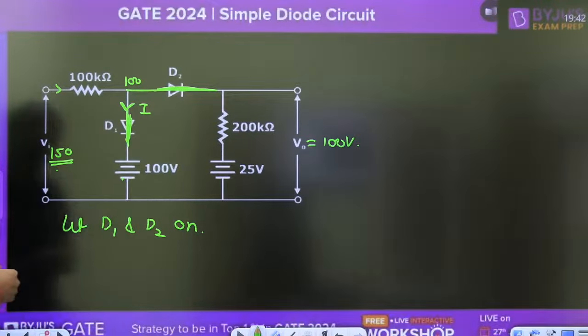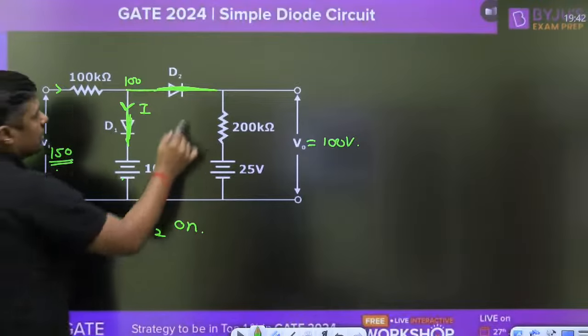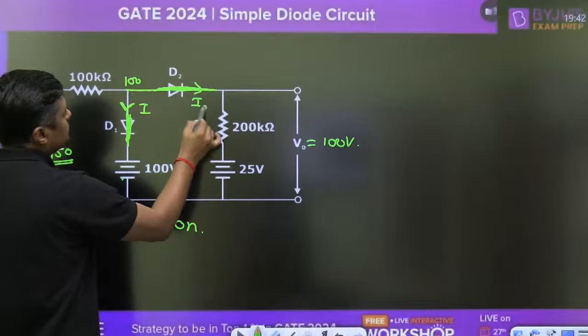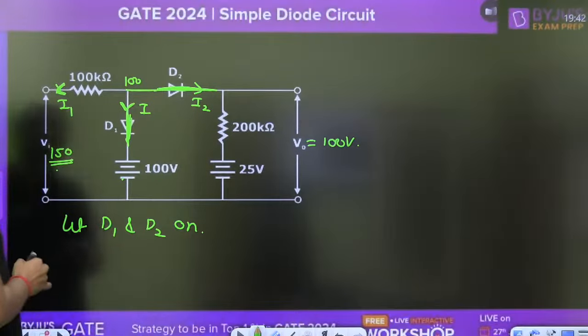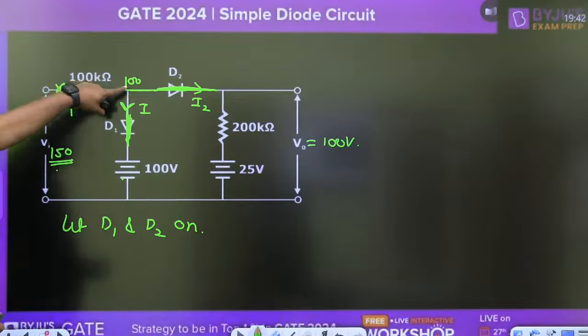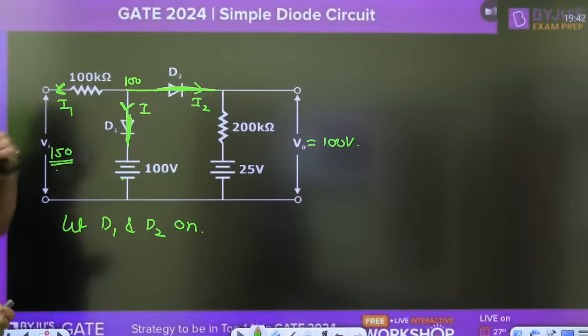If you have to find what is the current through this diode, you can apply the KCL at this point because we have the voltage 100 volt. So what is the case?